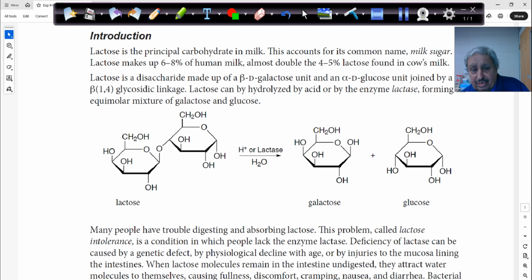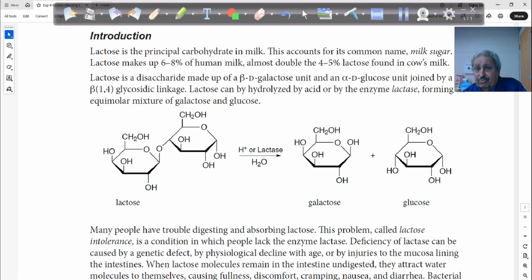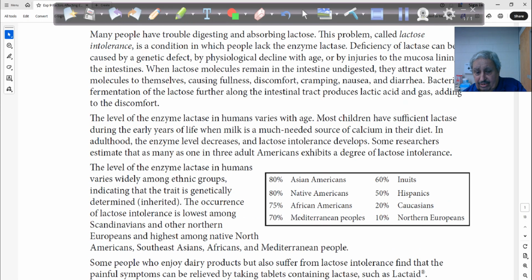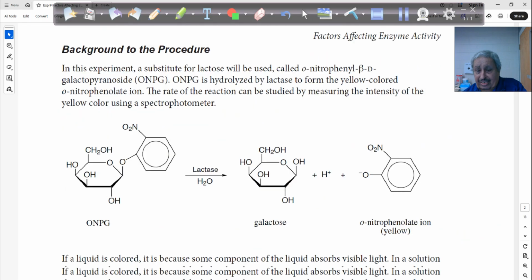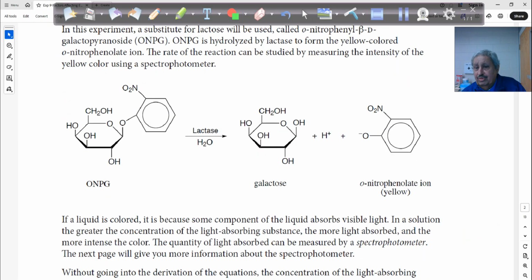Instead of this lactose, which yields a colorless solution of galactose and glucose, that's not helping us in following the enzyme activity. Instead, we will take one compound that has a colorful compound.